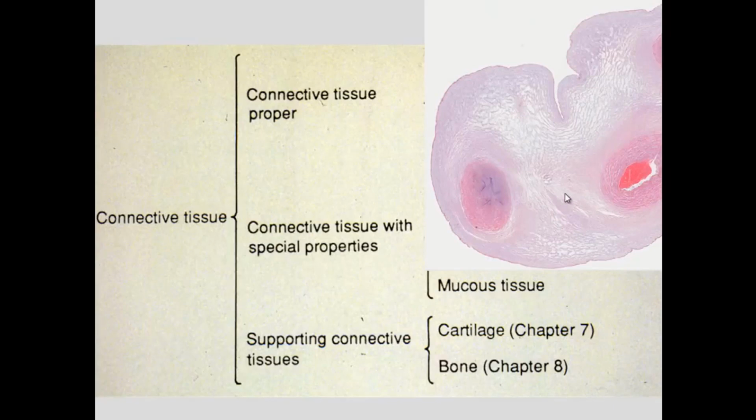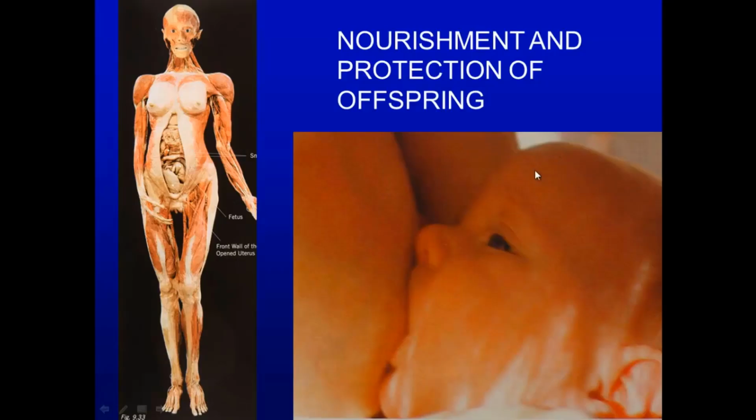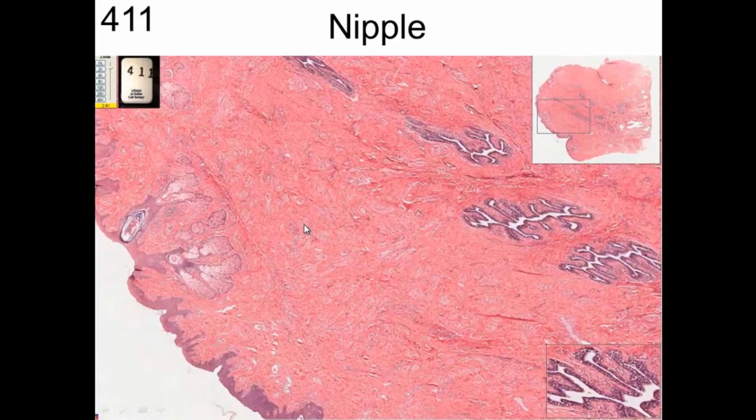Not as stout as collagen, but it helps maintain the blood vessels inside there, protect them. And also nourishment to protect offspring is one of the things that the female reproductive system does.